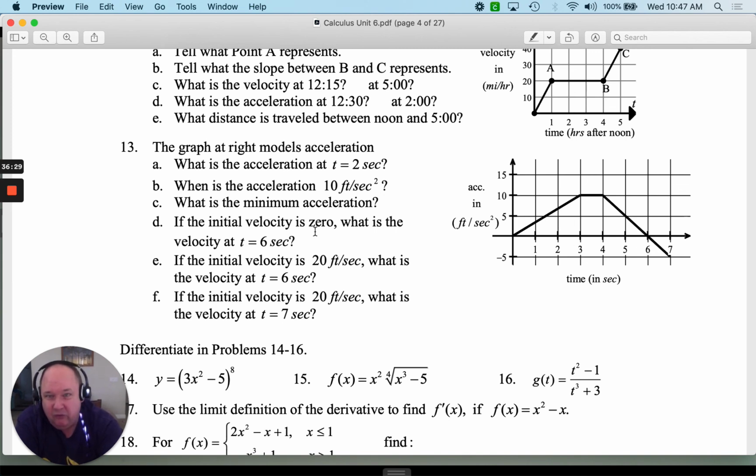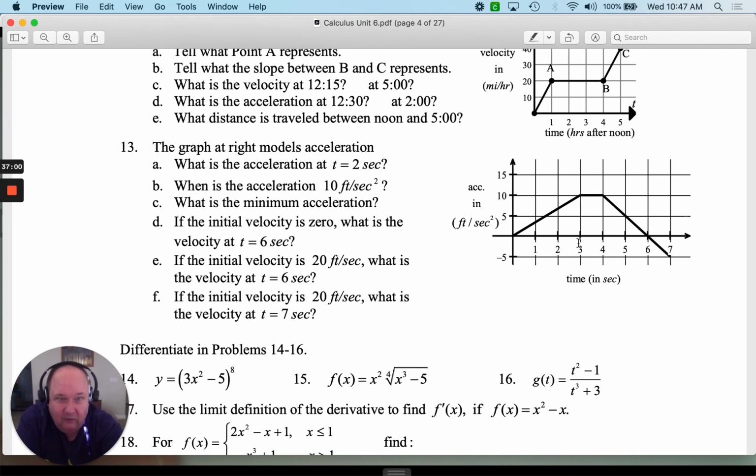So if the initial velocity is 0, then we integrate from 0 to 6. You integrate the acceleration. So we're going to start at 0 and then add the areas that I see. So that's a triangle. Can you find the area from 0 to 6? So half the base times the height. That's 3 times 10.